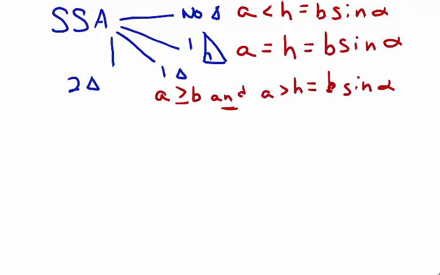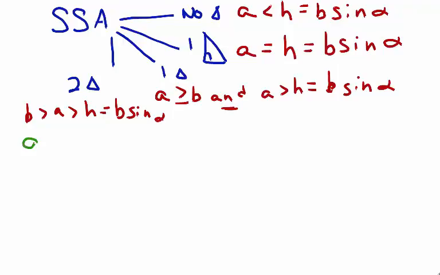If there are two triangles, then side B is greater than side A, which is greater than the triangle's height equals B times sine of the angle alpha.